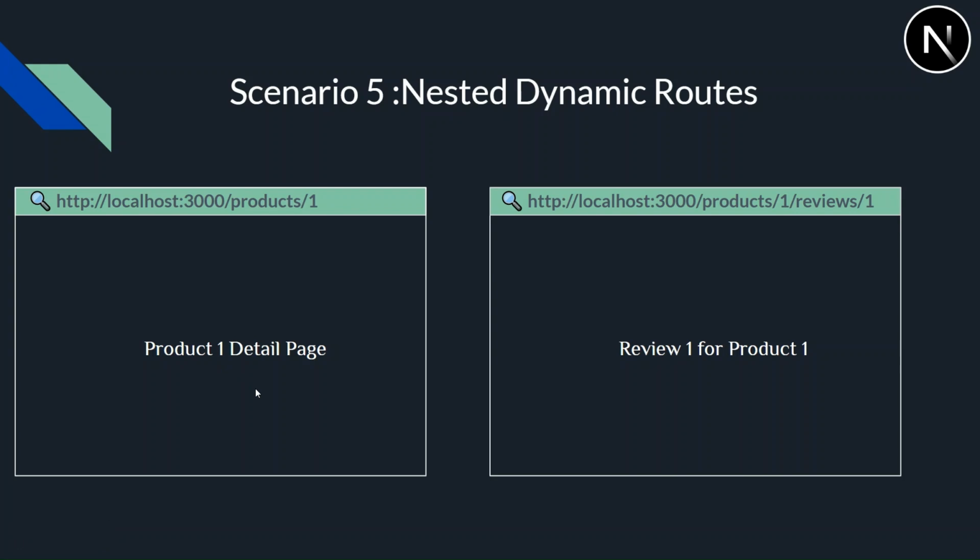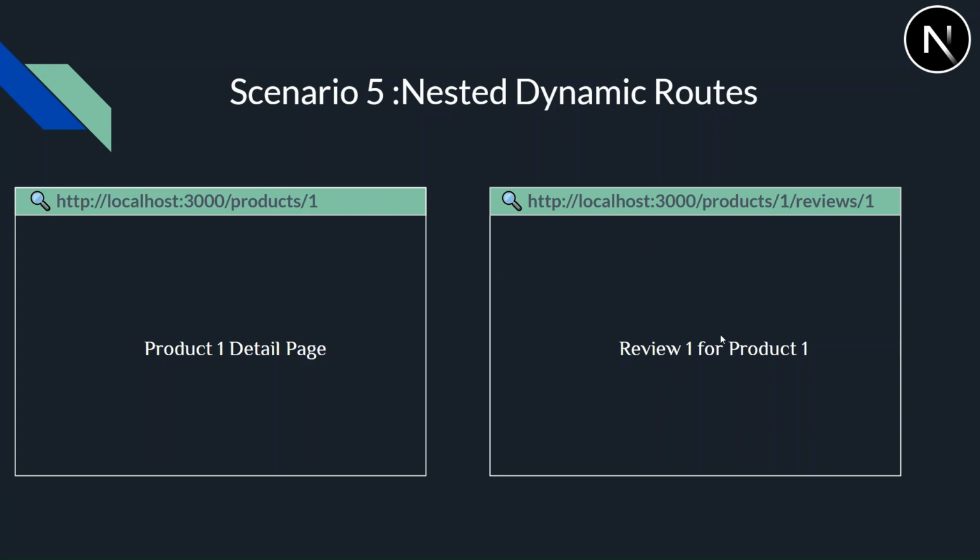After that, if we add a nested route inside that, the URL looks like localhost:3000/product/1/review/1, which means review 1 for product 1. This is the perfect example of nested dynamic routing. So these are the routes we build in our application today.